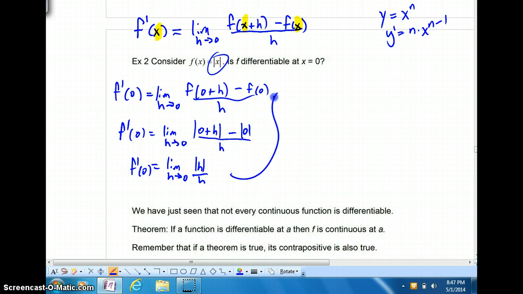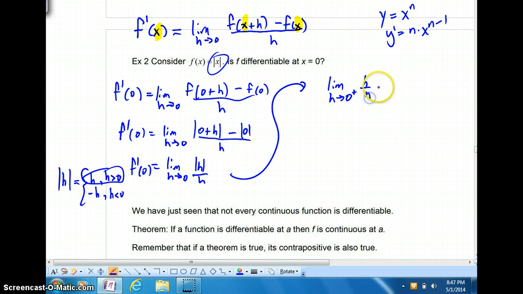Why? Well, we could take a look at the limit as h approaches 0 from the right. And remember what's happening with the absolute value of h. That's going to be h or the opposite of h, depending on whether h is positive or negative. If we're approaching 0 from the right, h is positive, so we choose h. So we'd get h all over h, which equals 1.